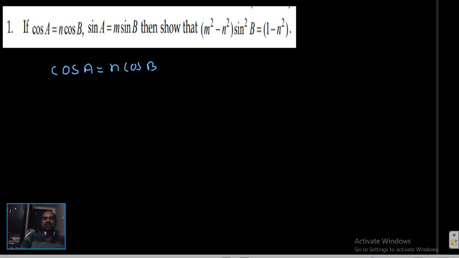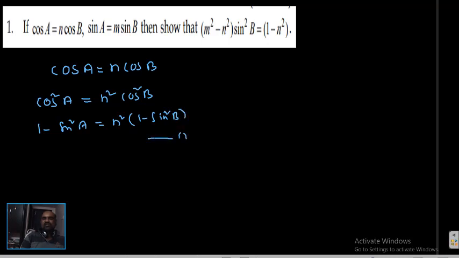I want only sin square B here. Squaring on both sides, cos square A equal to n square into cos square B, or 1 minus sin square A equal to n square times (1 minus sin square B).